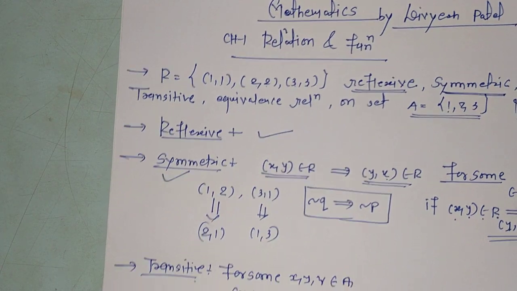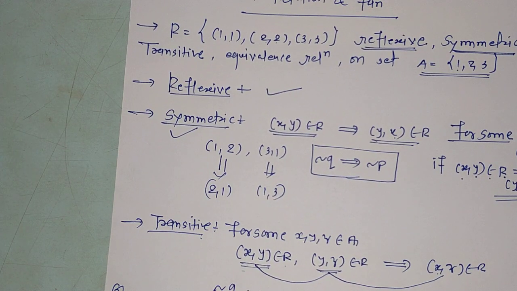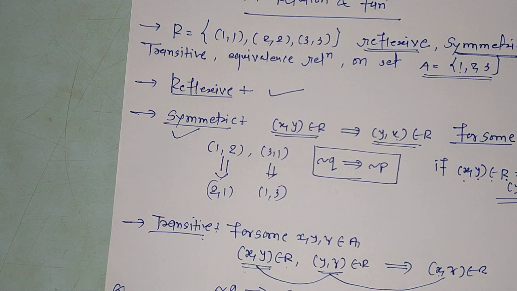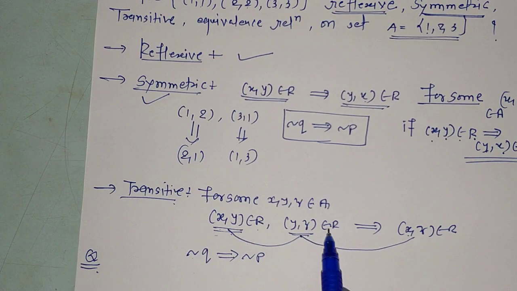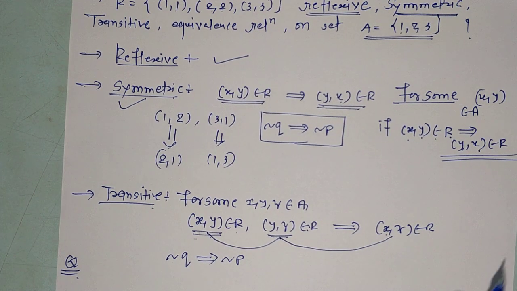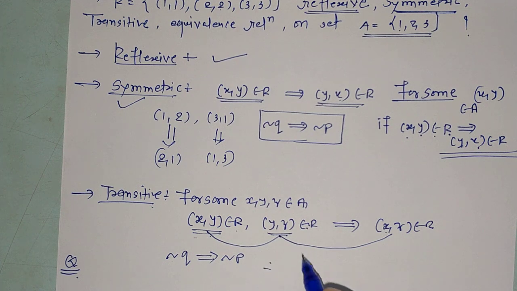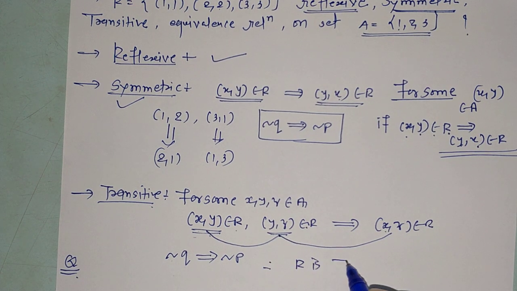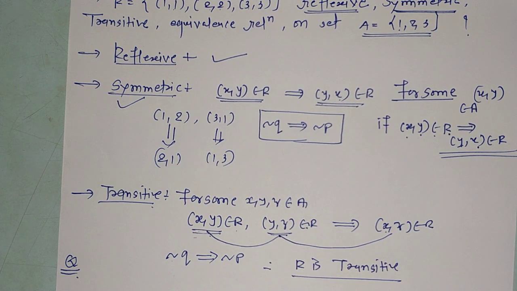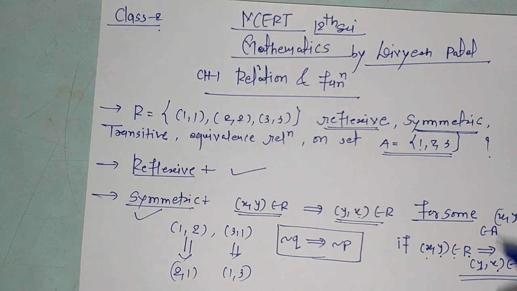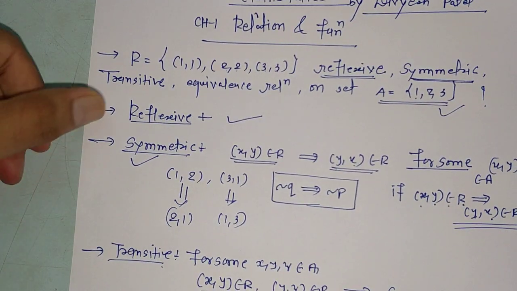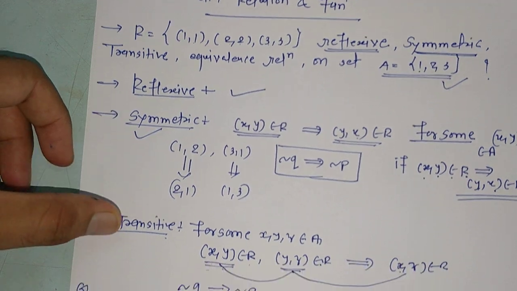So by the method of contrapositive, again negation of Q implies negation of P. There is no such pair in R, so there is no pair of the kind (x, z) in R. So by the method of contrapositive, R is transitive. So we have proved this relation {(1,1),(2,2),(3,3)} on this set is reflexive, symmetric and transitive.